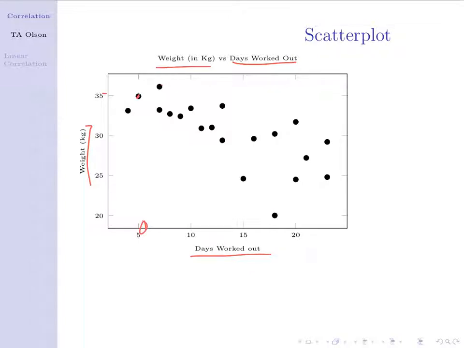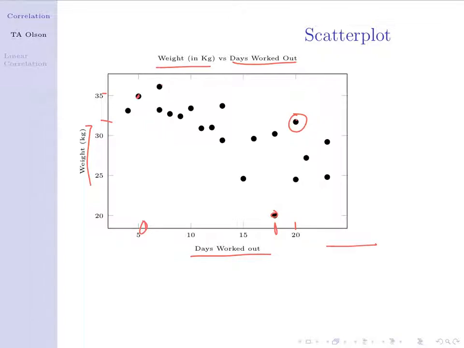Right here, her mass was about 20 kilograms and she worked out about 18 times in that month, okay? So the position of the dots tells us where it is in each of the two variables. Each dot represents an individual. In this case, it's going to be a month.